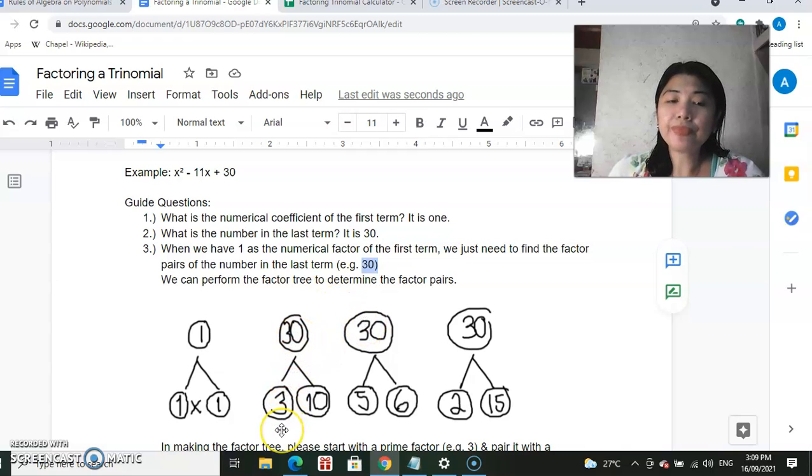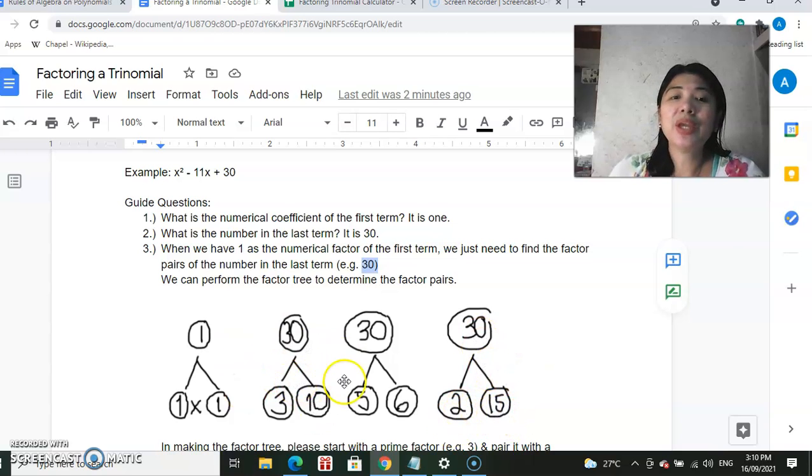If the prime factor is 3, then the pair is 10, because 3 times 10 is 30. If the prime factor is 5, the partner is 6 because 5 times 6 is 30. If the prime factor is 2, then the composite factor is 15 because 2 times 15 is 30.